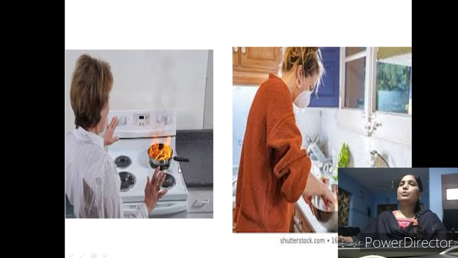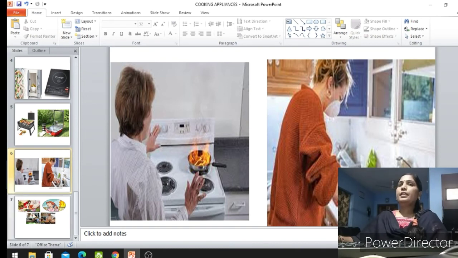You should not go very near to the stove. It may cause accidents. There is a possibility of accidents occurring. So we should not go very near to the fire, very near to the stove while cooking.